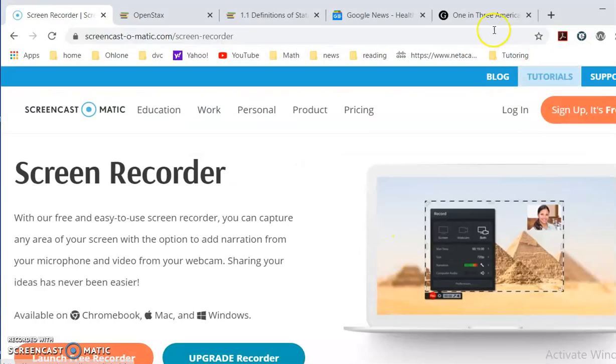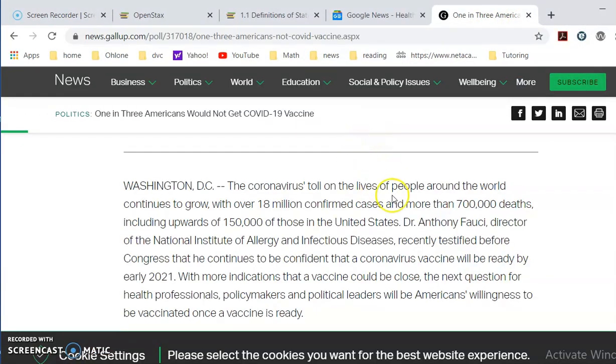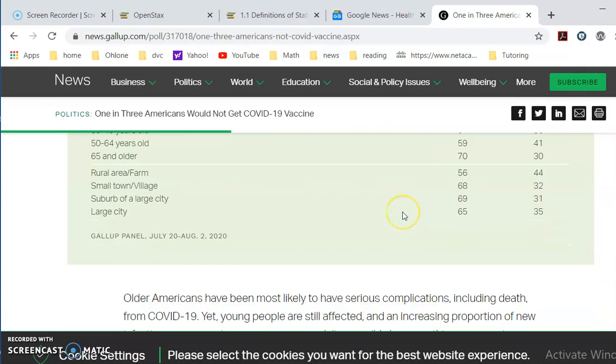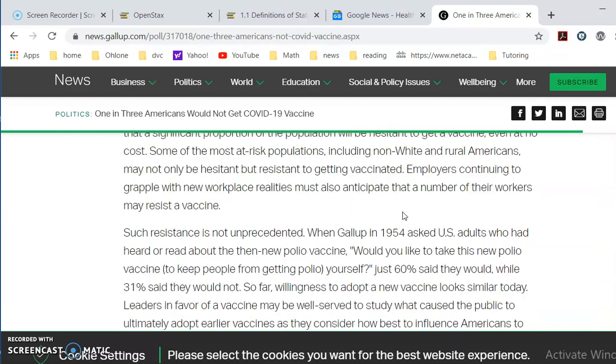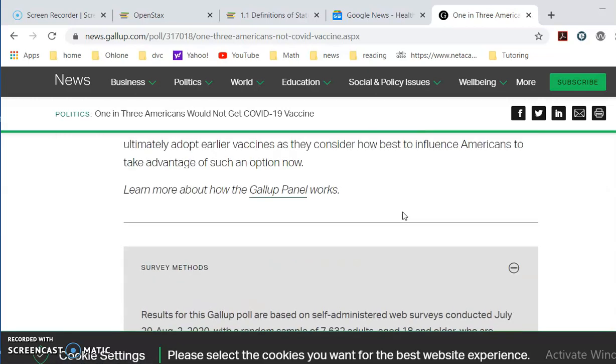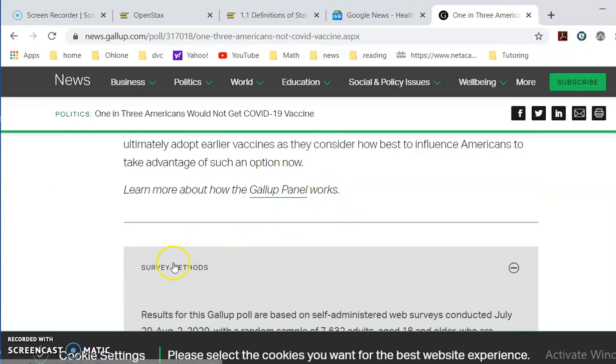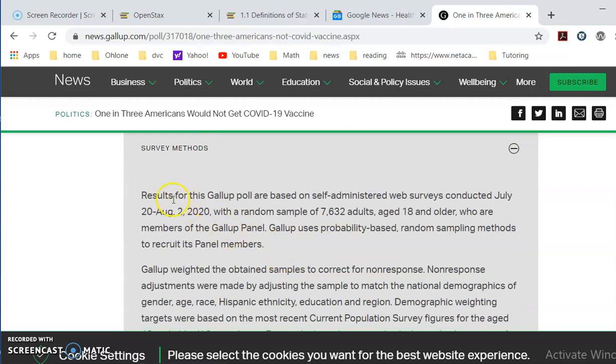So actually, I go online because I did not copy the sampling method, how they conduct data here. So I copy the link, and then I go online to look at the survey methods. So look at this.